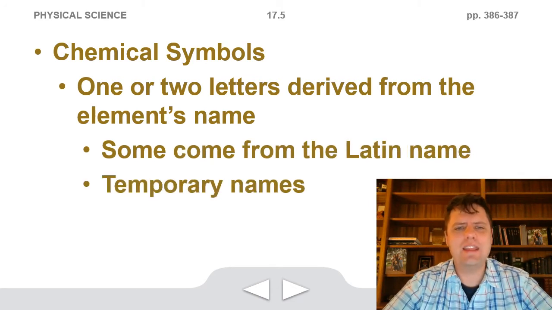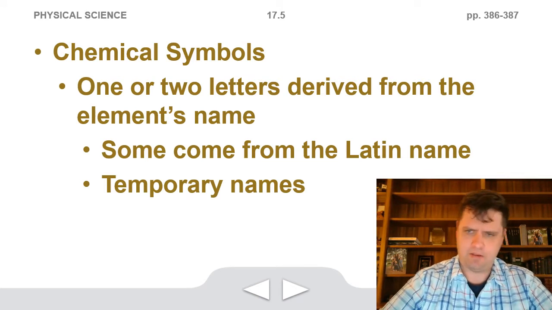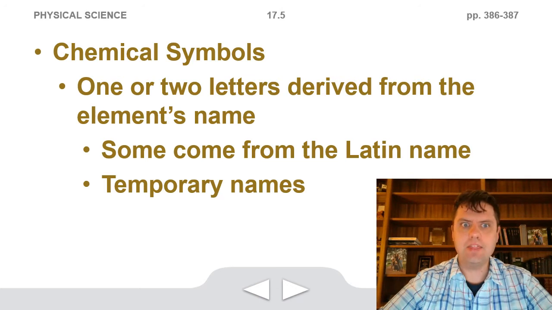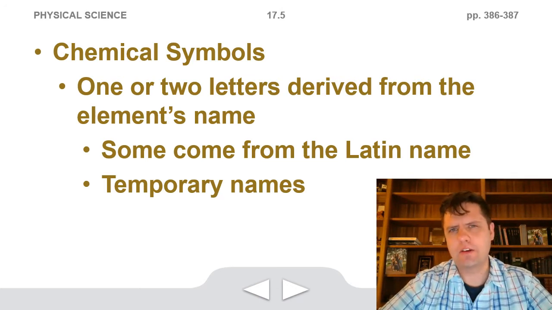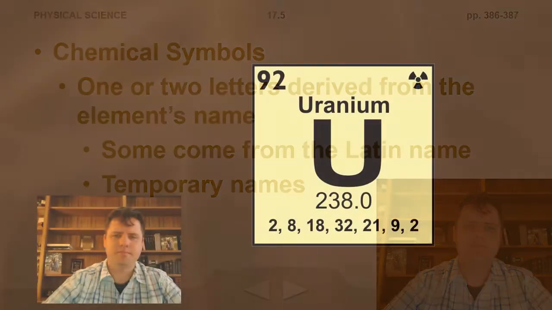Some come from the Latin name. Those temporary names are the 3-letter ones that are still being discussed. These symbols always have a capital letter, so if there's only 1 letter, it's a capital by itself. If it's a 2-letter symbol, the first letter is capitalized and the second is not.